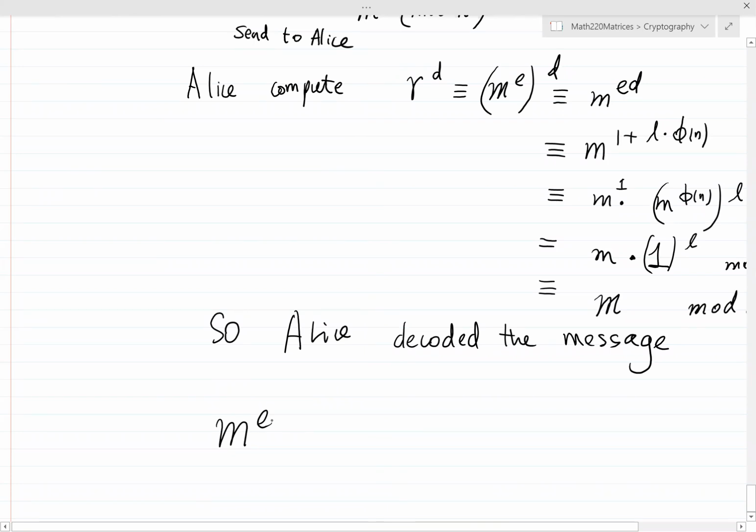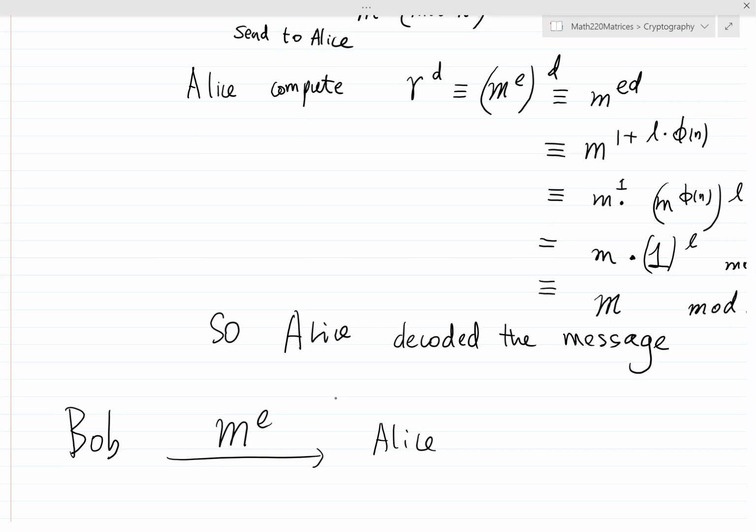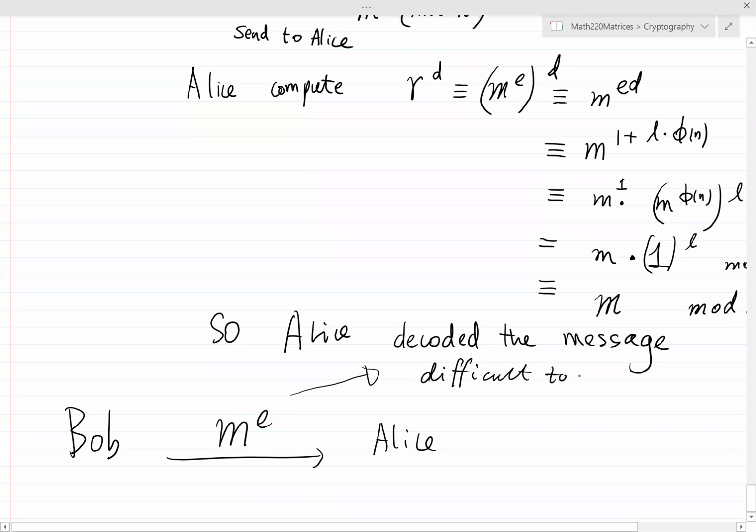M to the power E is what Bob sent to Alice over the public channel. Even if anyone gets this, because they don't know Alice's private key, there's no way to recover M. It is very difficult to recover M without the private key.